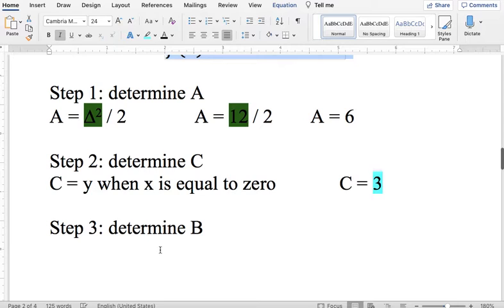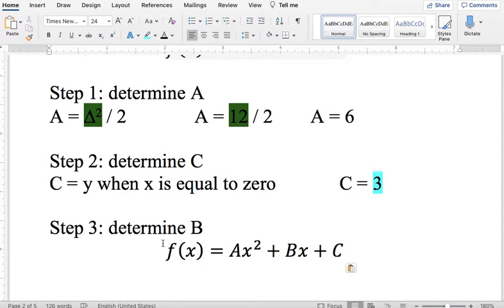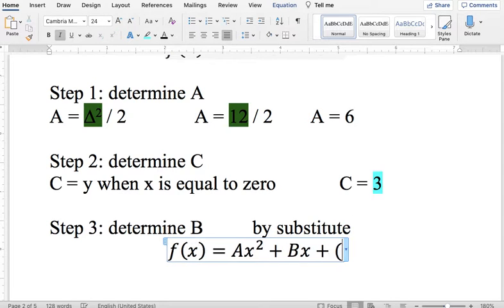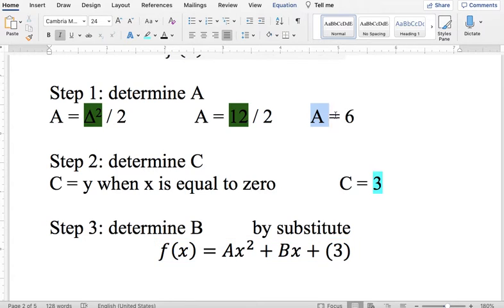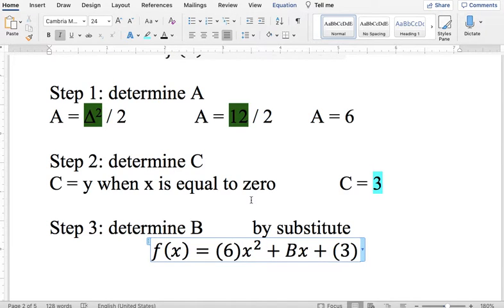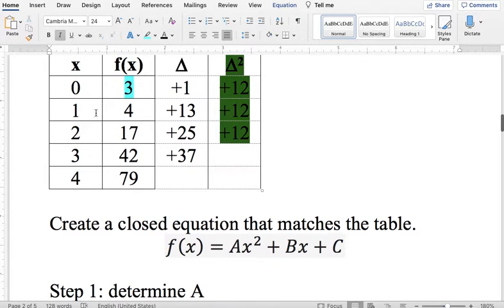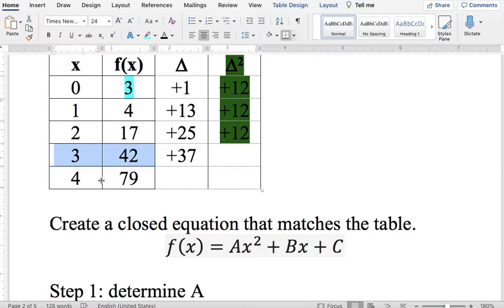We have our equation here, and we're going to substitute. Let's change our c into 3 and our a into 6. Now we need to pick which pair of values we're going to use.